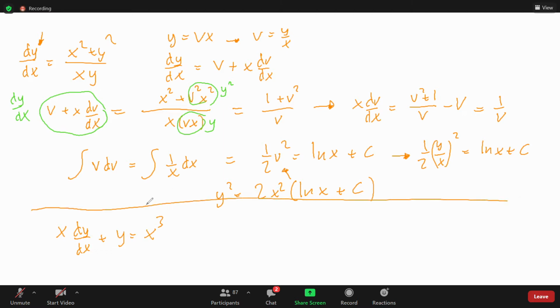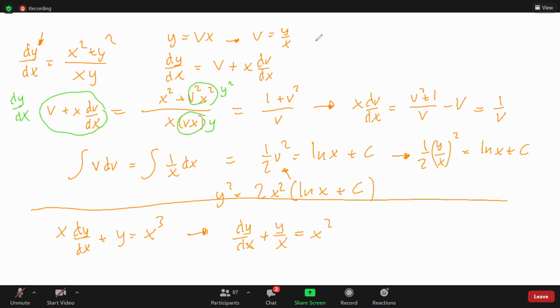Now, the way it is written now doesn't appear to be a linear first order, but dividing everything by x gives us dy in dx plus y over x is equal to x squared.